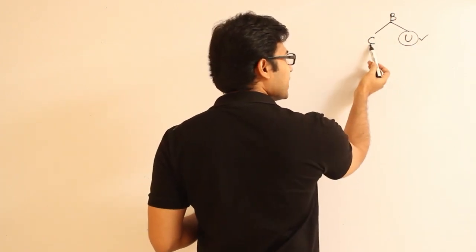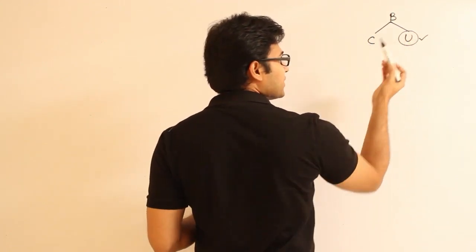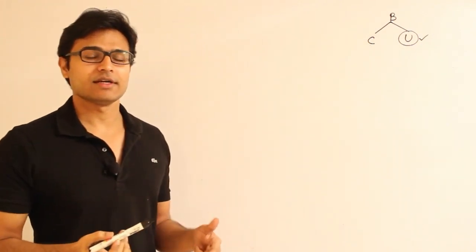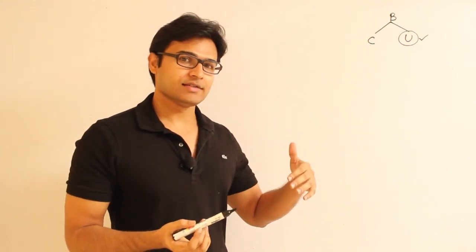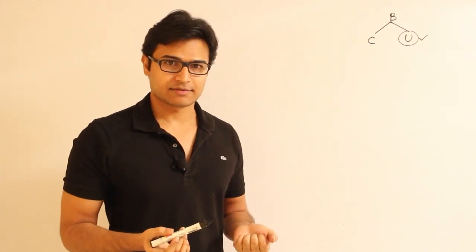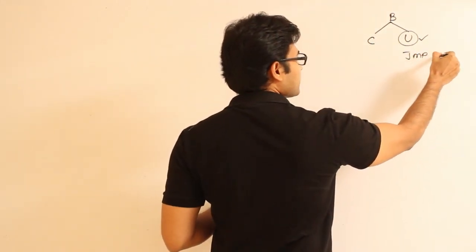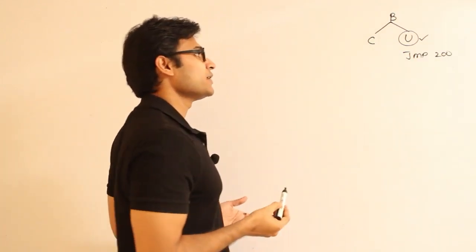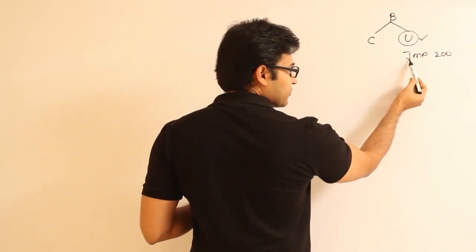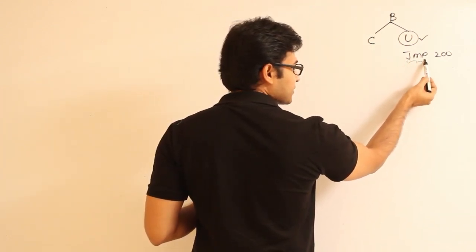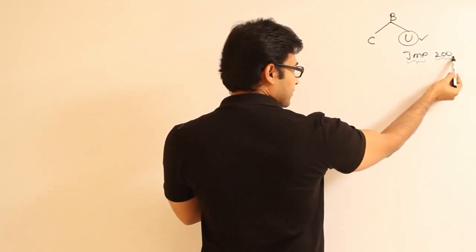But compared to conditional branches, the advantage with unconditional branches is that once we decode the instruction, we can find out that it is an unconditional branch, and even without executing, we can directly say what the target instruction is. For example, if there is an instruction like jump to address 200, then during the decode phase, if we can find out that it is an unconditional branch, in the decode phase itself we can say what the next address is.